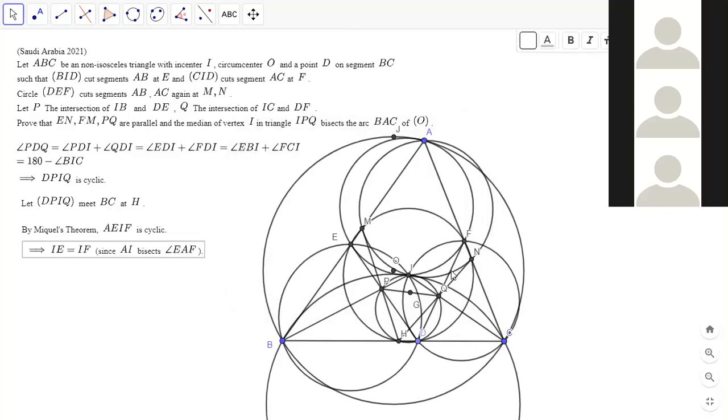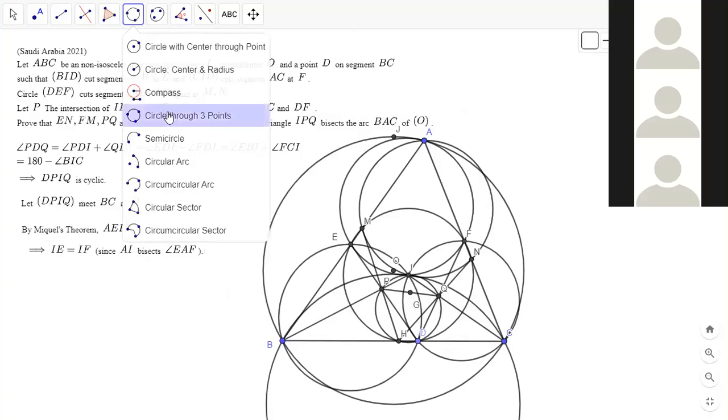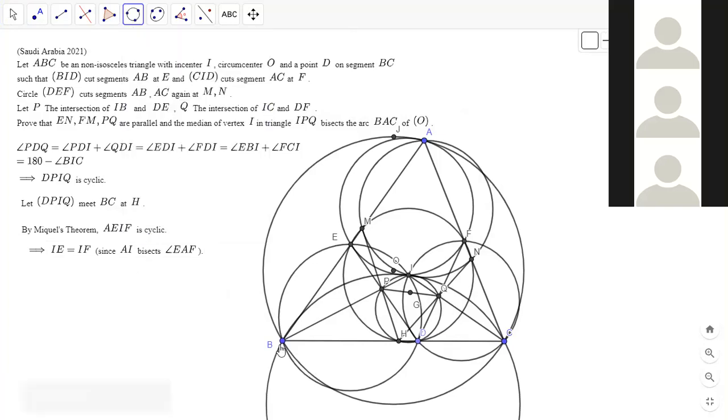And then we also have IM is equal to IN, but to do that, we have to show that BMIH is cyclic.